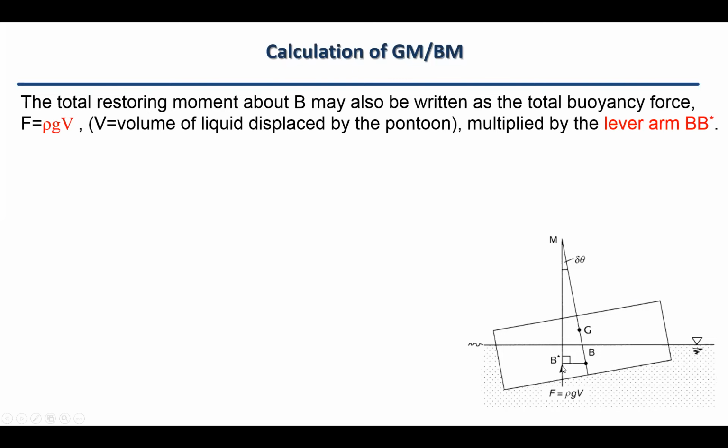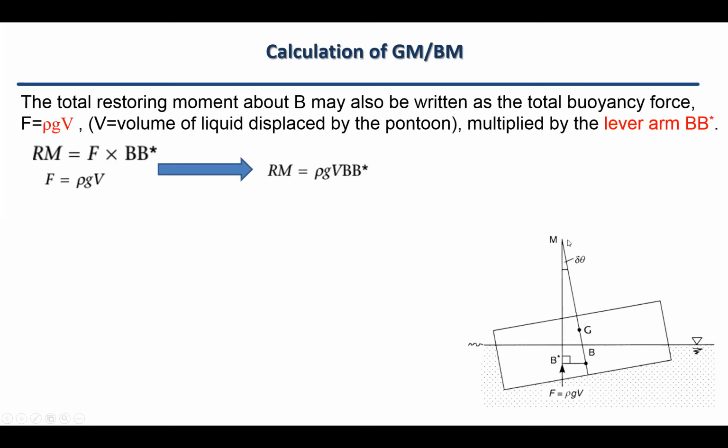You can easily calculate the restoring moment the other way. F is the buoyancy force, rho g V, where V is the volume of the water displaced, multiplied by the lever arm BB star. So Rm is equal to F times BB star, and since F is rho g V, Rm is rho g V BB star. BB star is the length here.